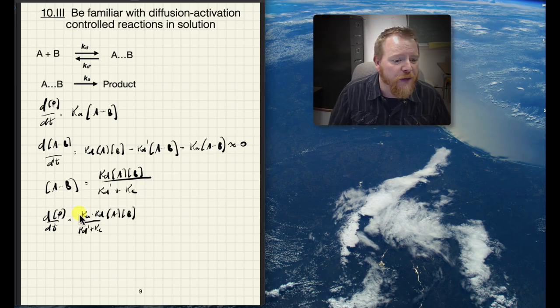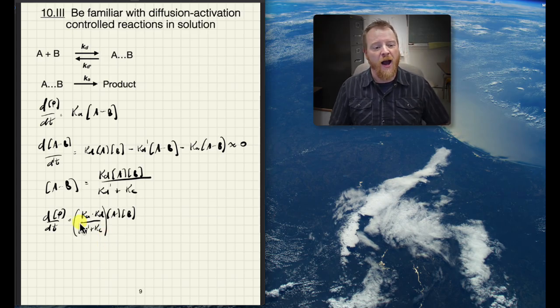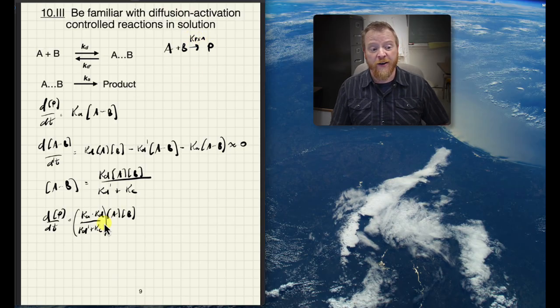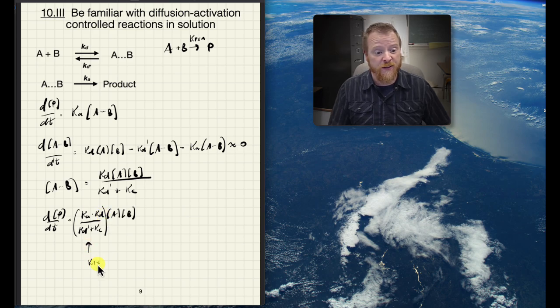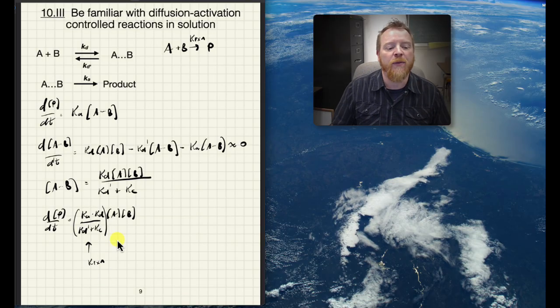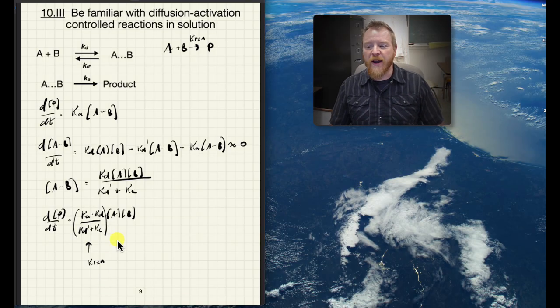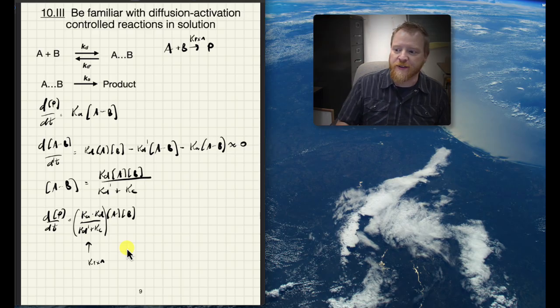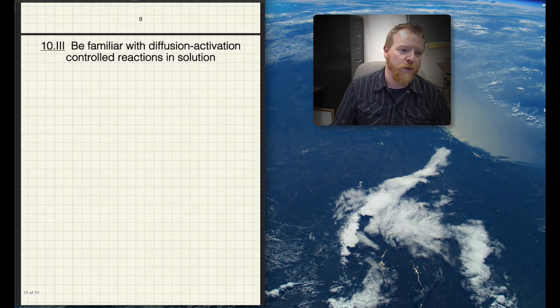And so now if we think about this, this looks very similar to the expression that we came up with that describes A plus B going on to form products with rate constant KRxn. So the product and sum of all of these rate constants gives us our apparent overall rate constant. And now the game that we need to play is what happens if diffusion is in control, or what happens if activation is in control.